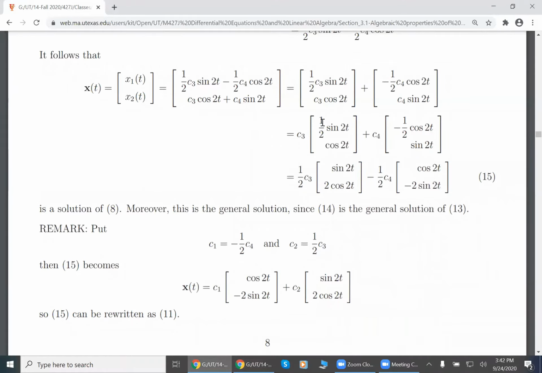Let us continue. Let us factor out 1/2 here, and let us factor negative 1/2 here. As the result, inside square brackets over here, we get sine of 2t, 2 cosine of 2t. Here's why. If you multiply this back by 1/2, 2 times 1/2 is 1, disappears, and sine of 2t times 1/2 is indeed 1/2 sine of 2t.